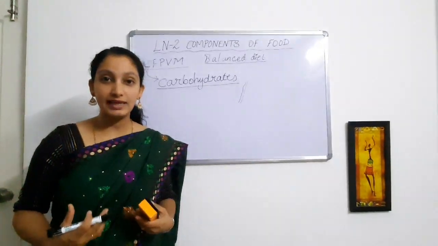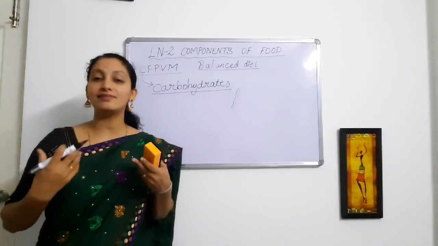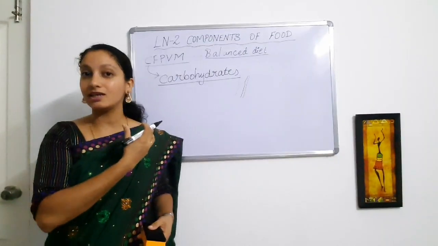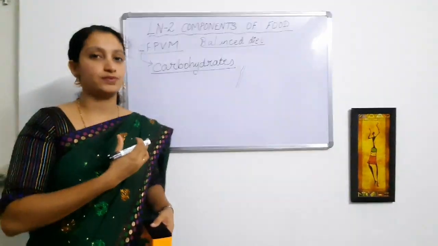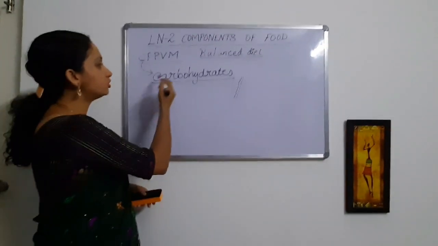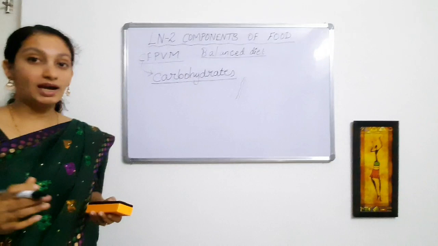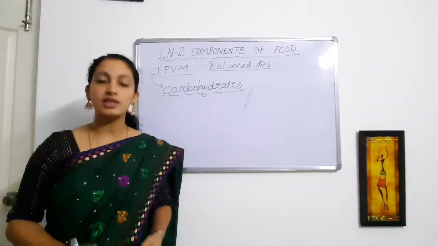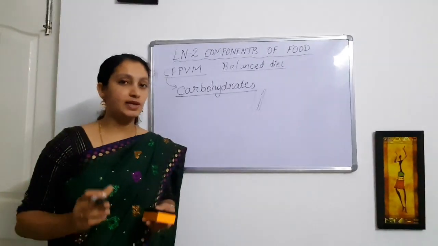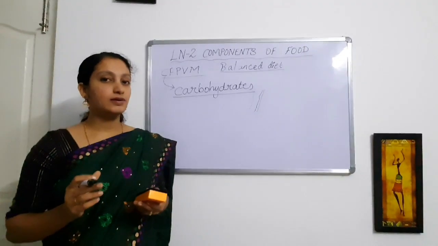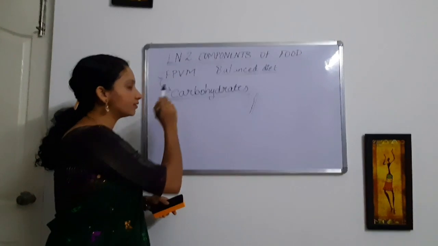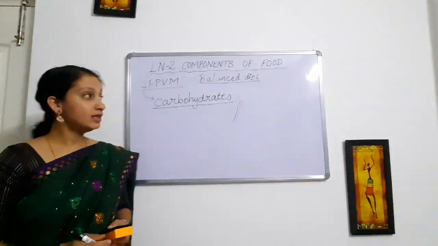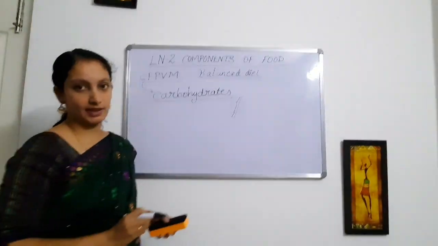Otherwise, you will feel drowsiness and tiredness if you are not including carbohydrates in correct proportion in your diet. So you should remember carbohydrates are instant energy giving foods, and remember some examples of carbohydrate containing foods. So this is about carbohydrates.